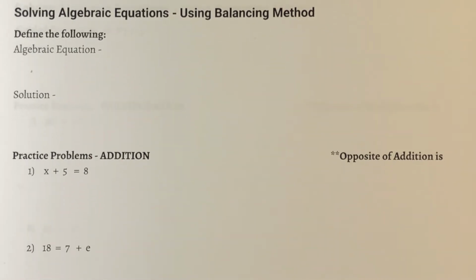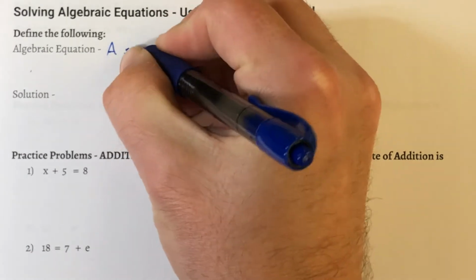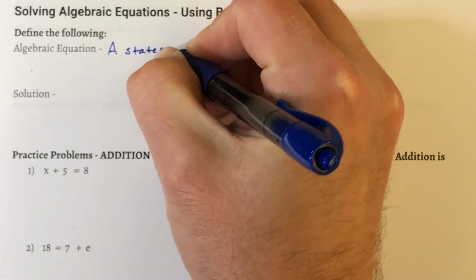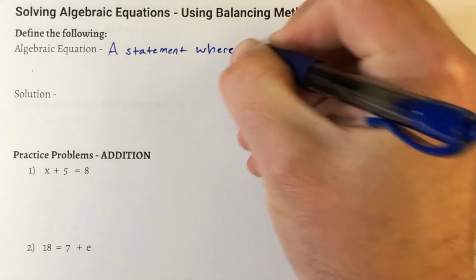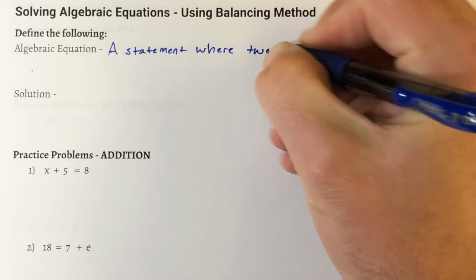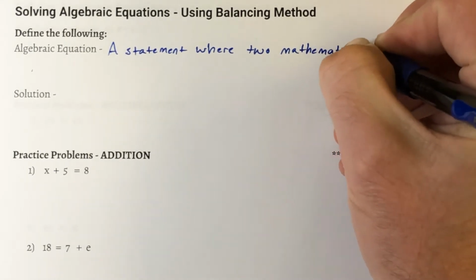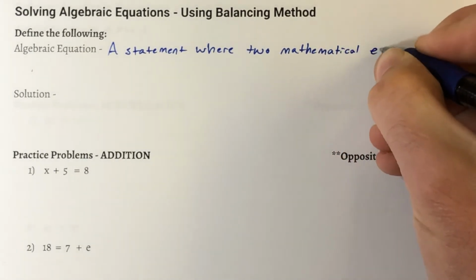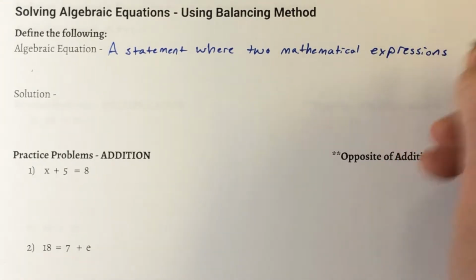So we've got a couple vocab terms to define. Our first one is algebraic equation. These are statements where two mathematical expressions are equal.